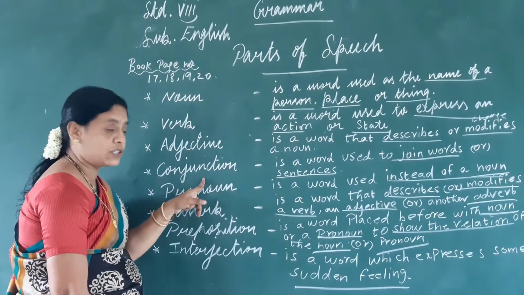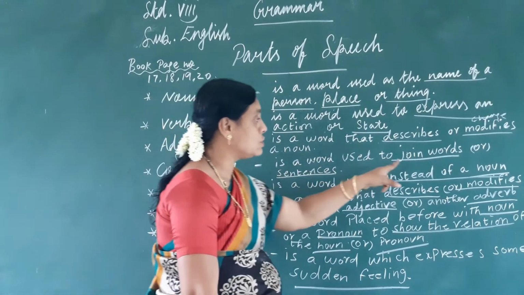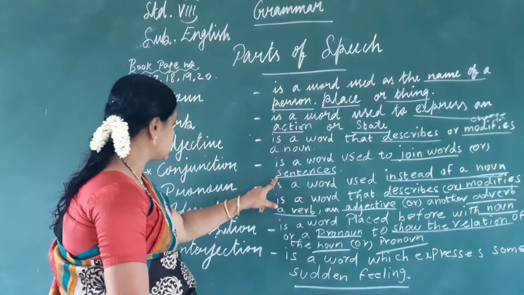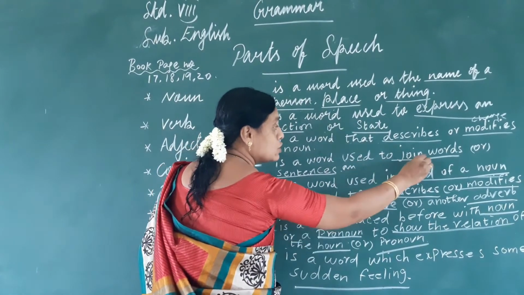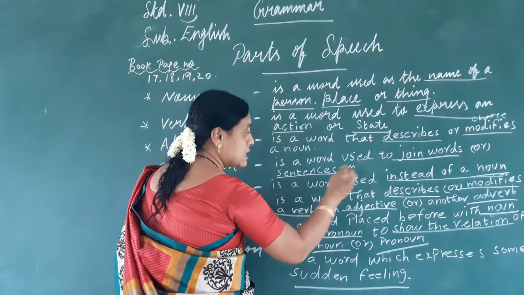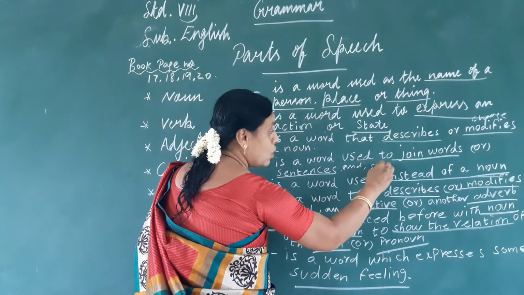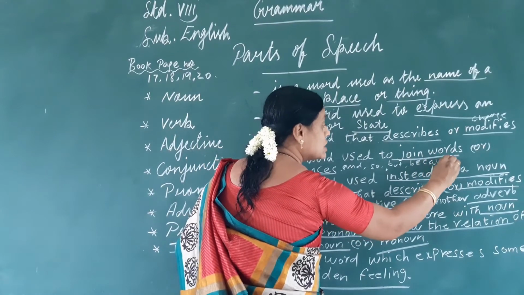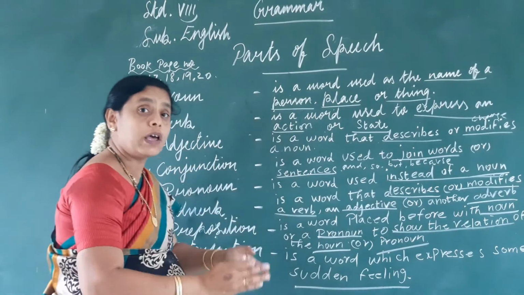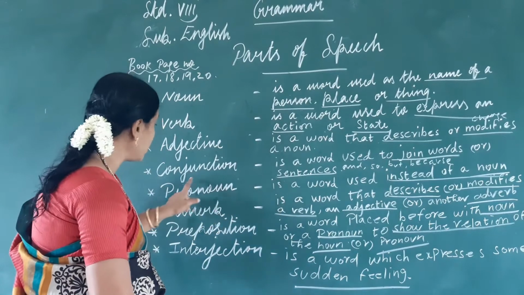And next one, conjunction is a word used to join words or sentences. That is and, so, but, because. We can use them to join words as well as sentences. That is called conjunction.